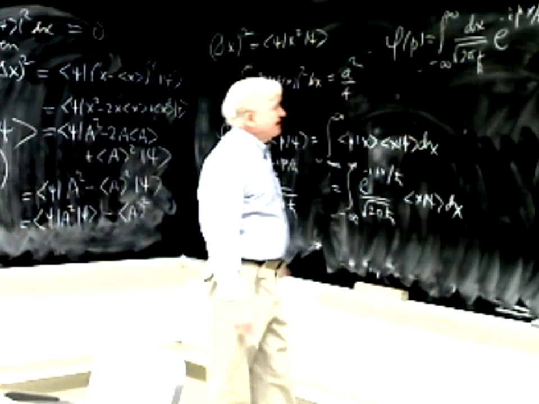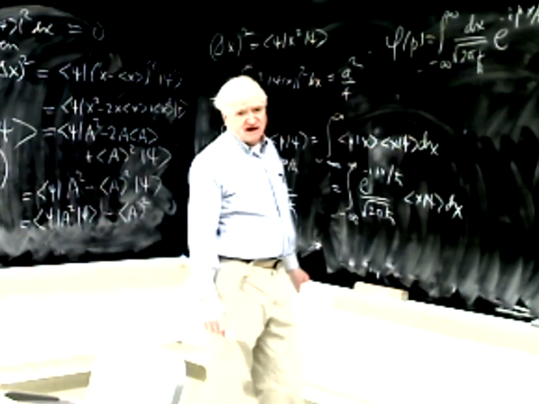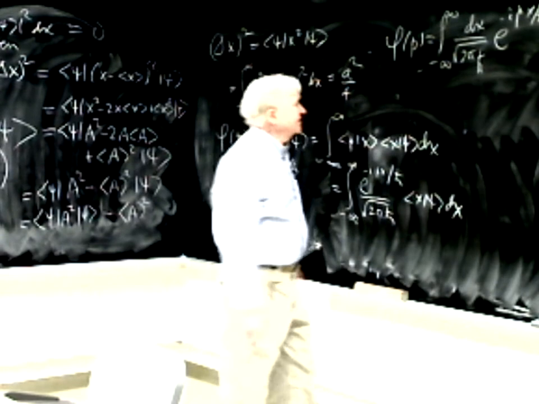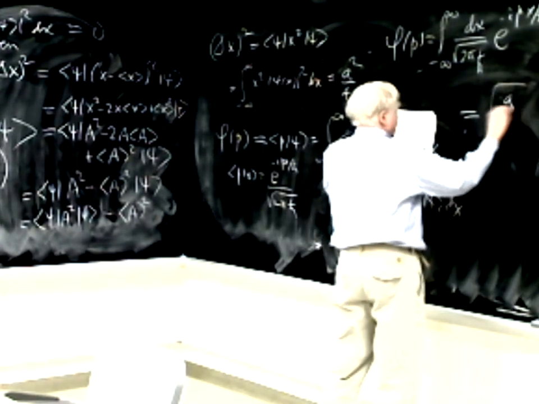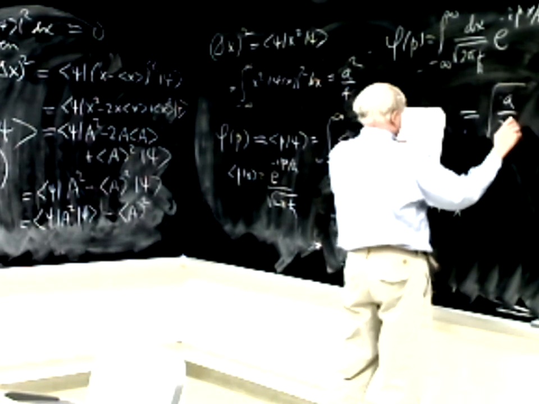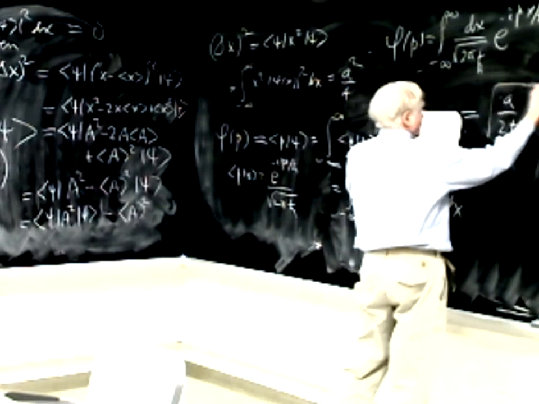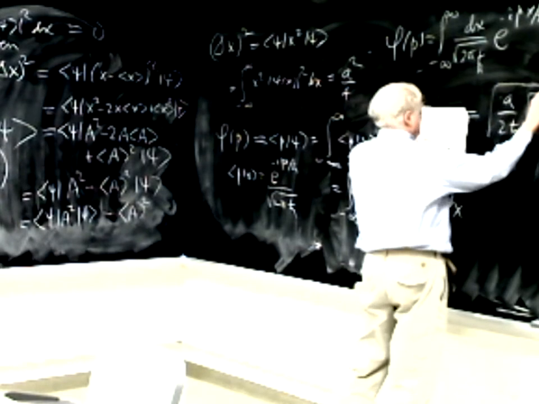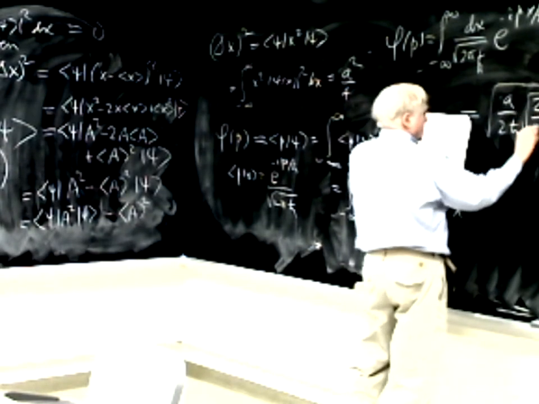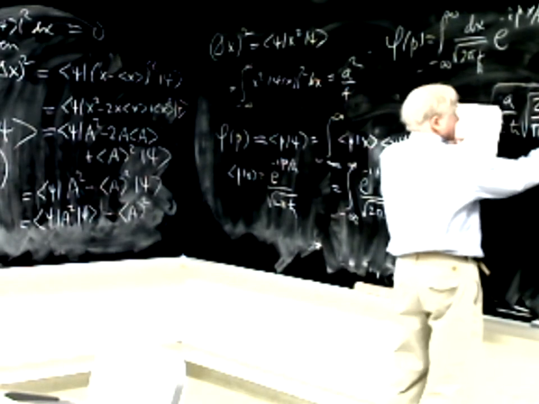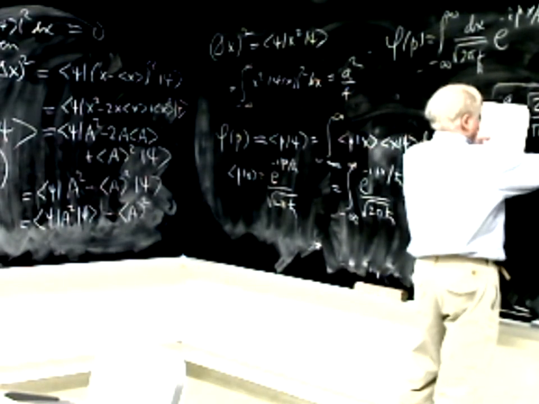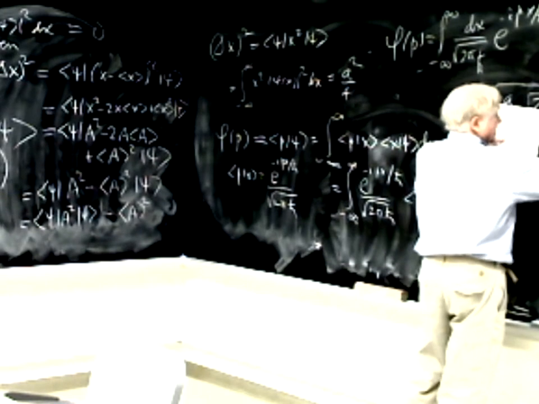And that's just the Fourier transform of a Gaussian. You do it by completing the square, and we've done that a couple of times. And then the answer is the square root of a over 2 h bar, and equivalently, an internal square root of 2 over pi, e to the minus a p squared over 2 h bar squared.